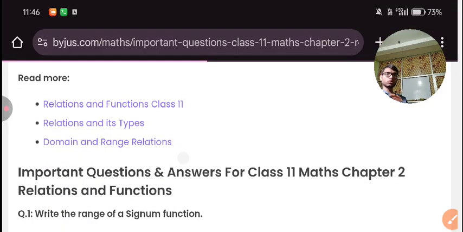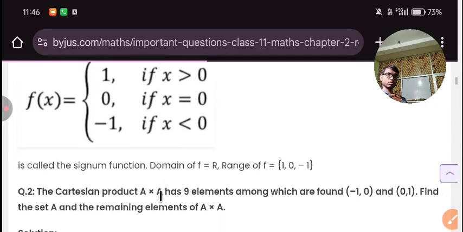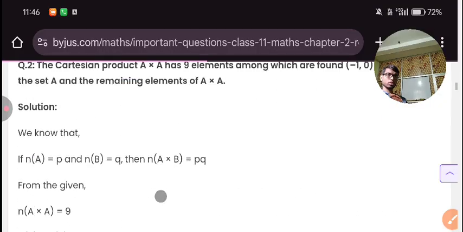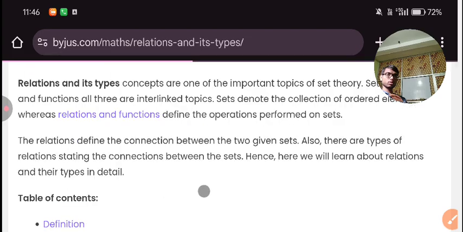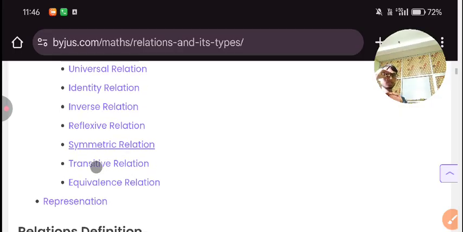Relation and functions. Relation and its types. This should be useful for us. Now let's explore this relation and its types: empty relation, universal relation, identity relation, inverse relation, reflexive relation, symmetric relation.